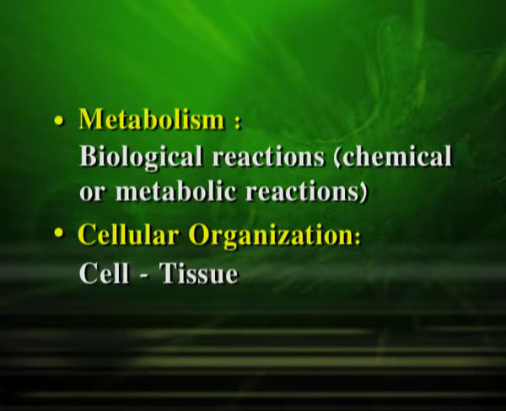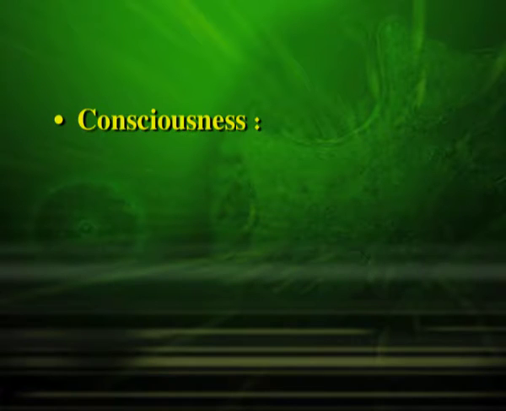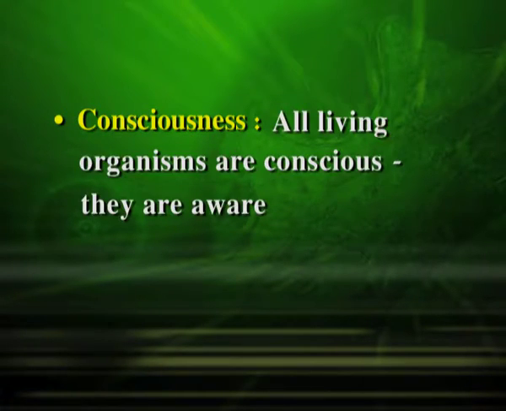The cell is the structural and functional unit of life. A group of cells make tissues, the tissues make organs, and then the organs make the organ system. Consciousness is another important criterion. All living organisms are conscious, that is, they are aware.